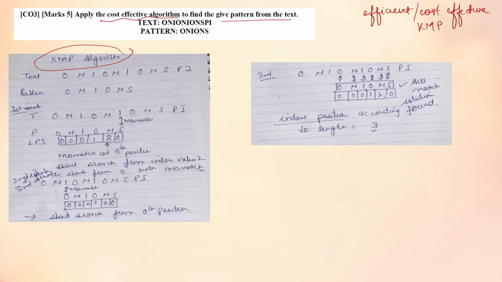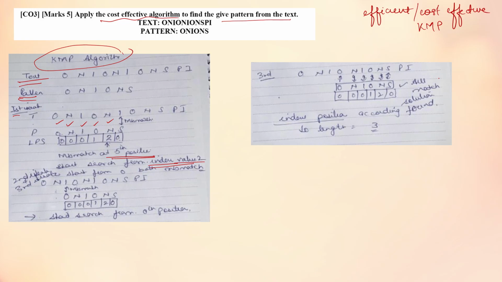Now in Knuth-Morris-Pratt, we are given the text and the pattern. In the first iteration, you take O matches, N matches, I matches, O, N. Then there's a mismatch, at the fifth position. You start the search from index value 2.